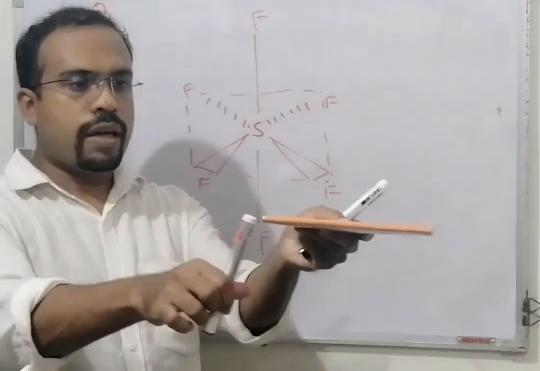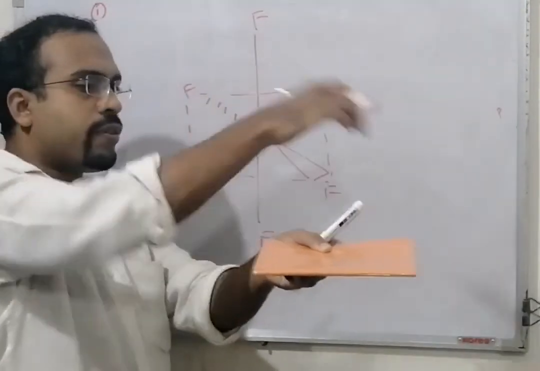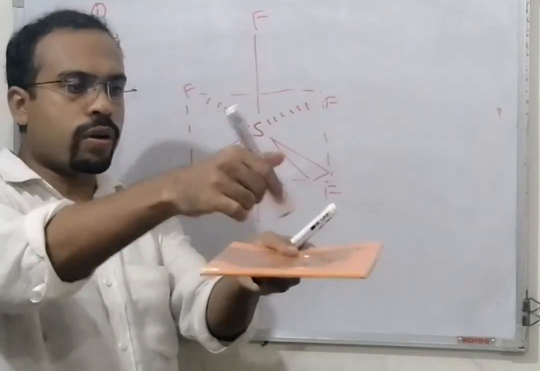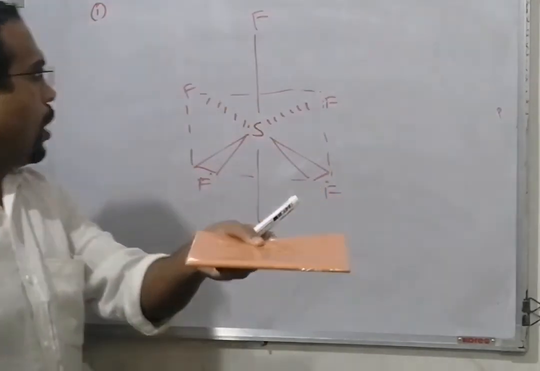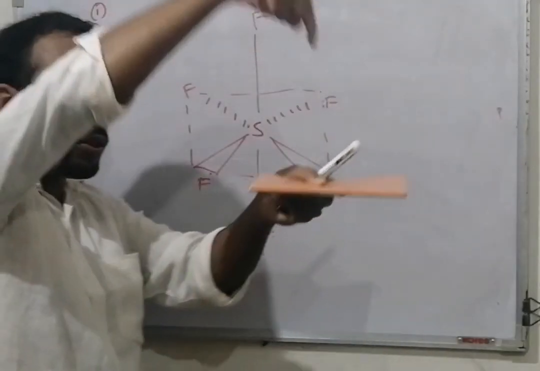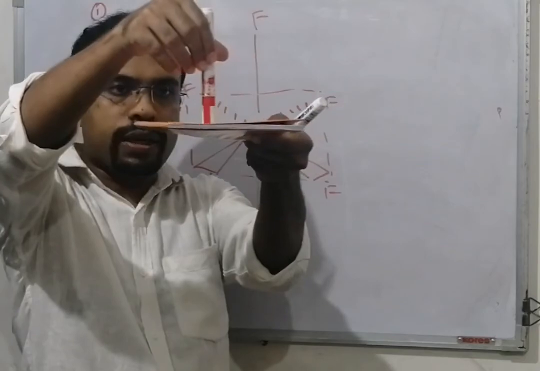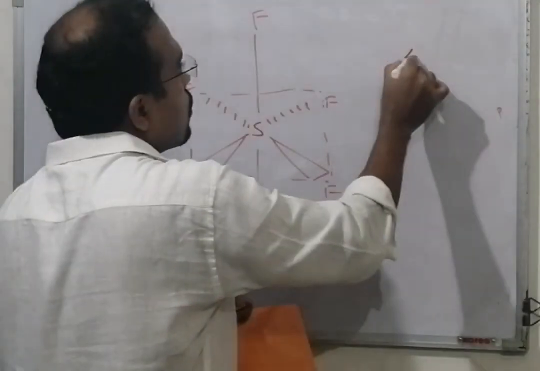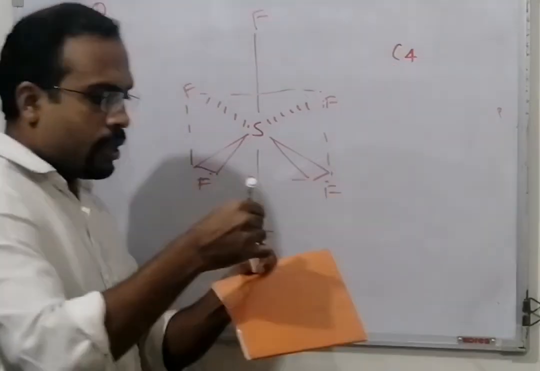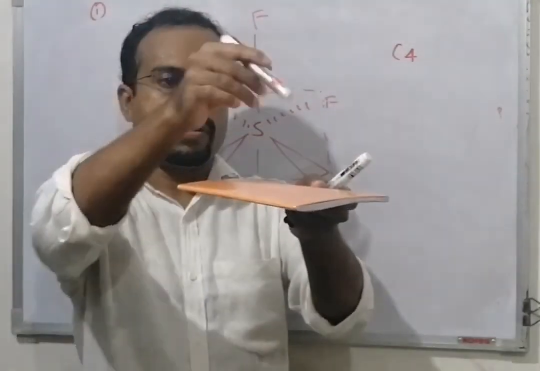Here sulfur, F, F. These two F towards you, these two F away from you. Okay? 4 F, 5th F, 6th F. Now you have an axis from here to here, C4 axis, because when I rotate, we'll get this identical geometry. It has a C4 axis. Now it has 4 C2 axis.